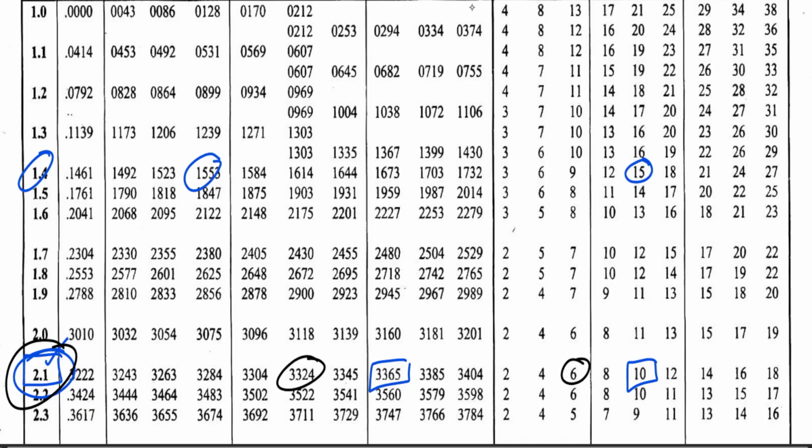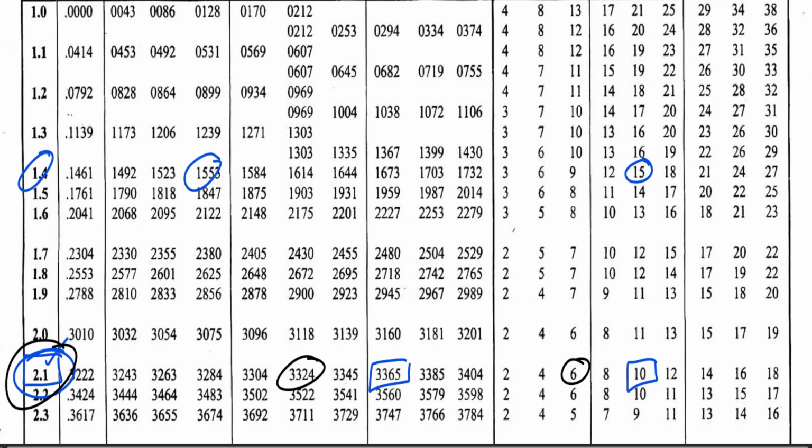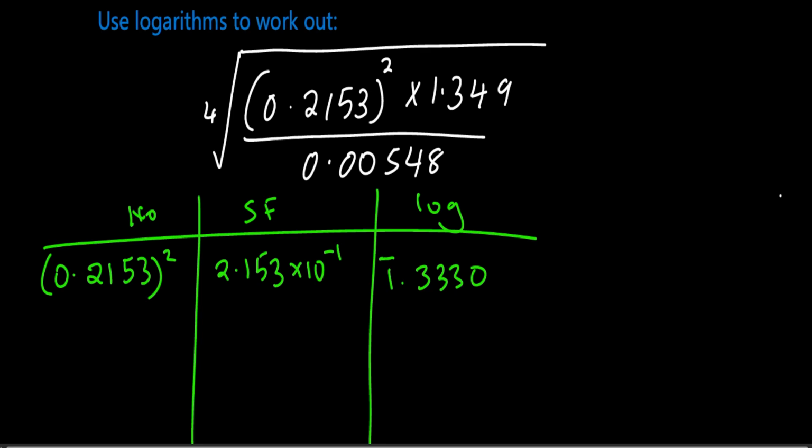So 3, 3, 2, 4 plus 6 is going to be 3, 3, 3, 0. So this is going to be 3, 3, 3, 0. Add 6 to it. Okay, so that's one thing done.